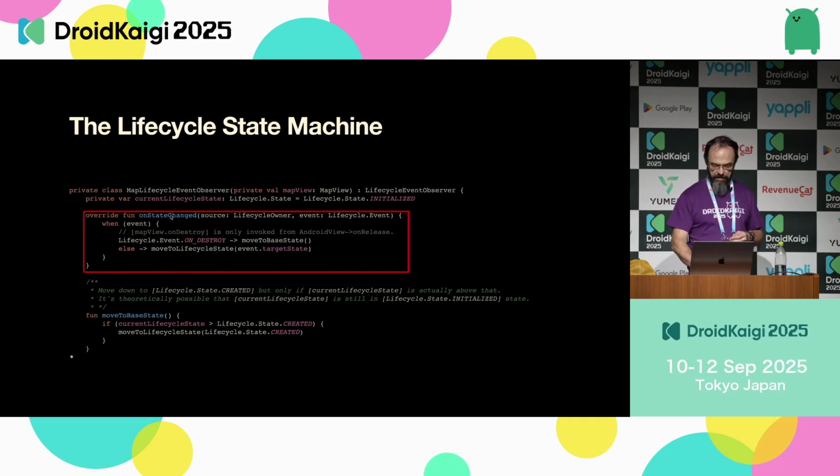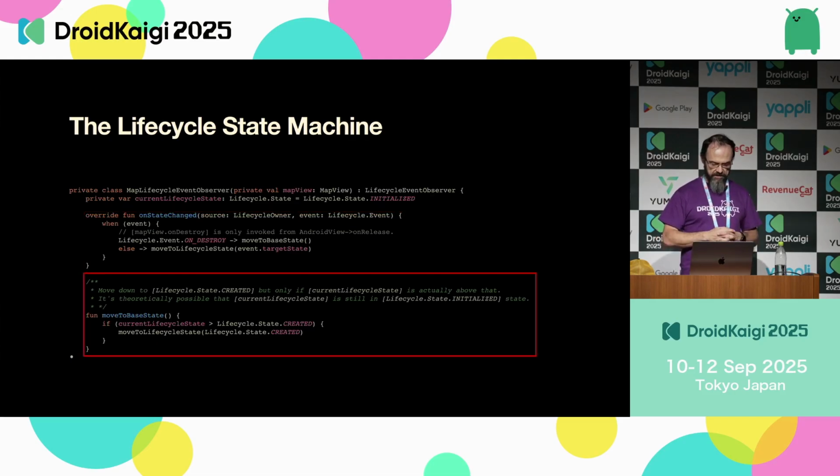Note that this is a method being overridden from the LifecycleEventObserver. If the event is ON_DESTROY, we are going to move to the base state. And if not, we're going to move to the lifecycle state. See that here we are calling event.targetState, the state that we're targeting.